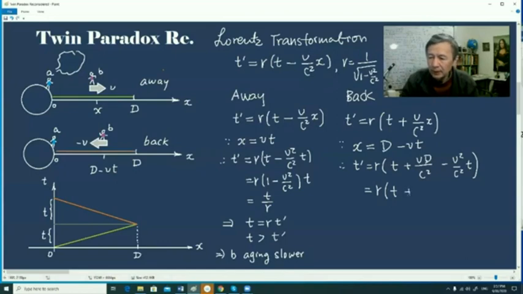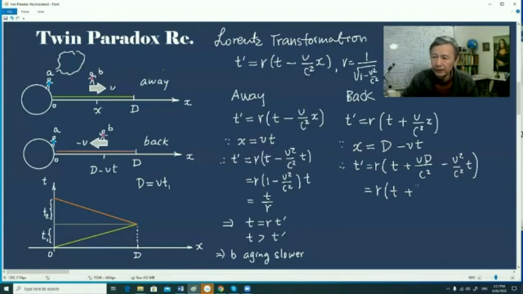If we rewrite d using the first half of the time, we know it's t1, not t2, so d will equal v times t1.